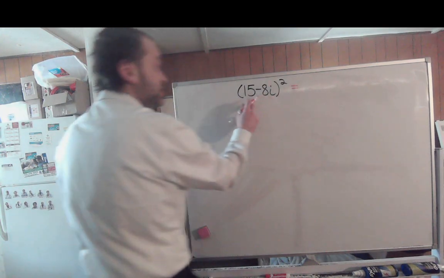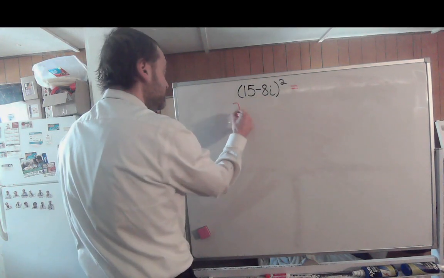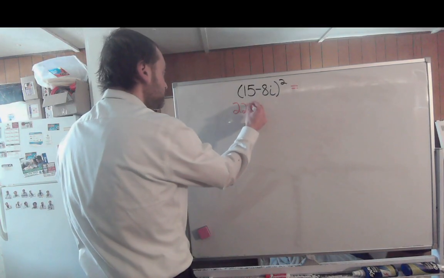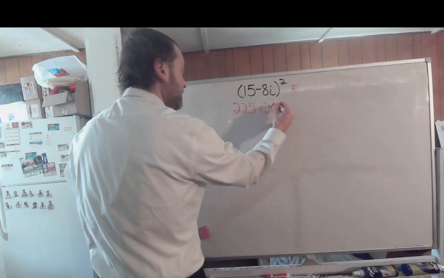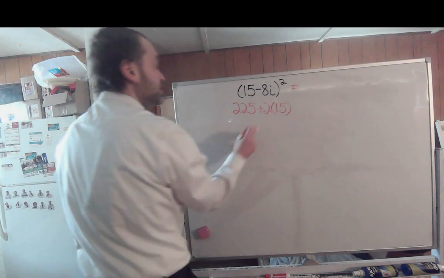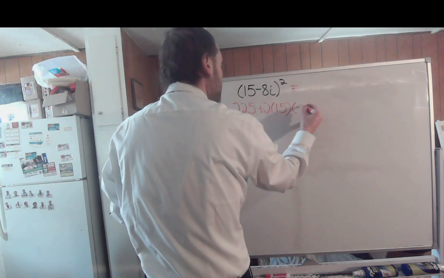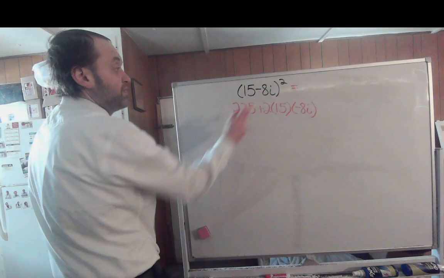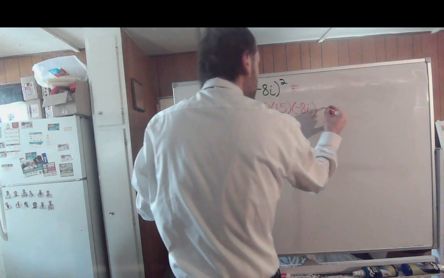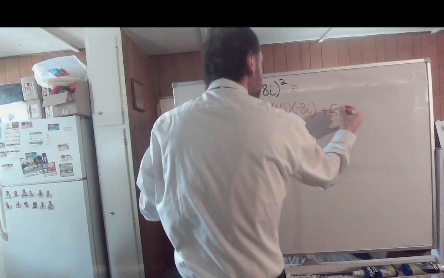So what is 15 to the second power? Well, that's 225. Now plus 2 times your 15 times your negative 8i plus your negative 8i to the second power, that'd be plus 64i to the second power.